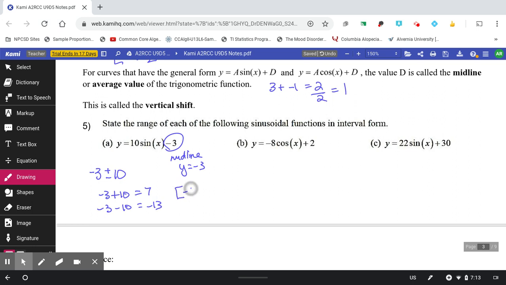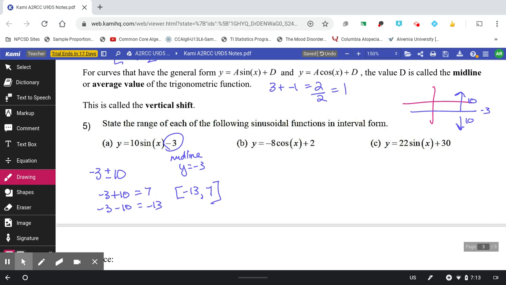So the range is going to be -13 to 7, which makes sense because if you're thinking about graphing it, if you're starting at -3 and then going up 10 and down 10, that would bring you to 7 and -13.